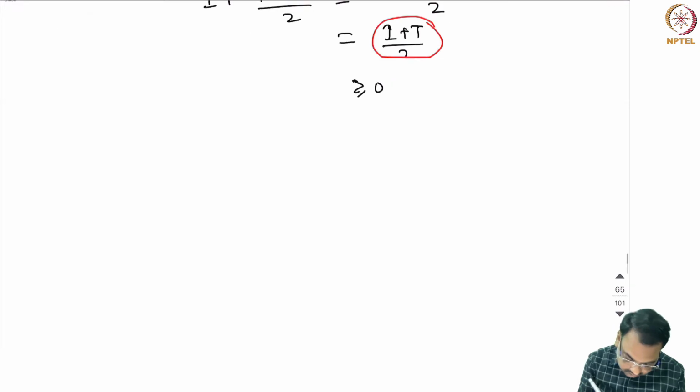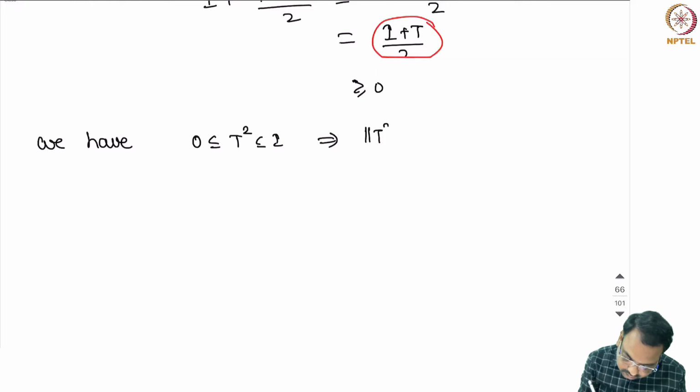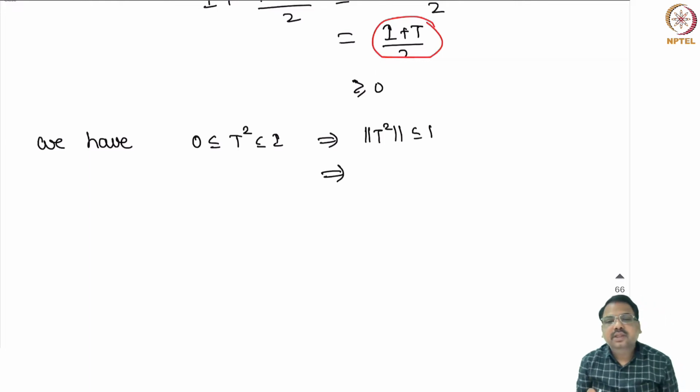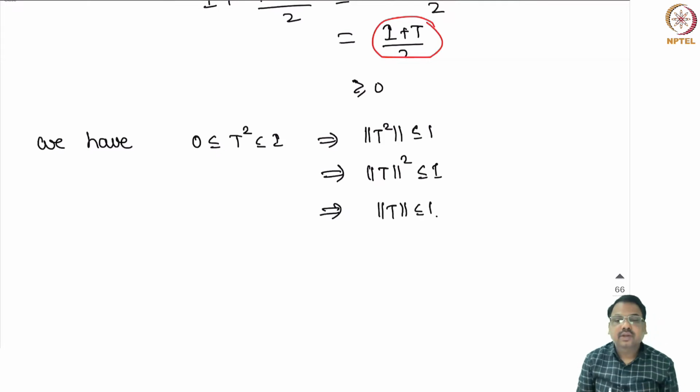The reason is that we have 0 less than T squared less than or equal to identity, which implies norm T squared is less than or equal to 1. Since T is self-adjoint, norm T squared is nothing but norm T whole squared, which is less than or equal to 1. So this implies norm T is less than or equal to 1.